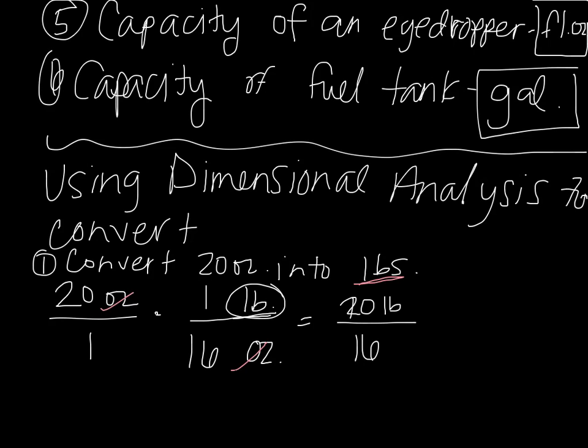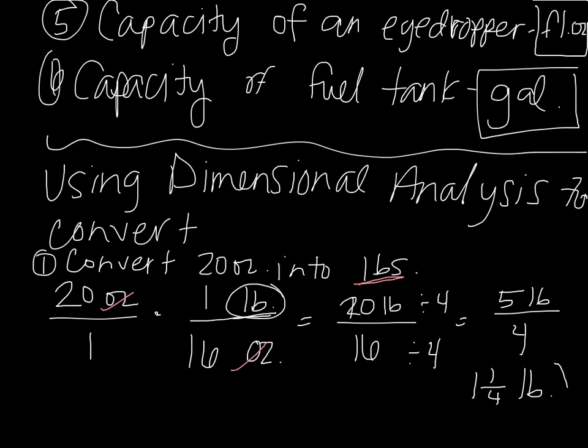I'm going to reduce. I'm going to divide by 4, so I am going to get 5 pounds over 4. Okay, so what I can do for that is I can just do 1 1/4 pound.